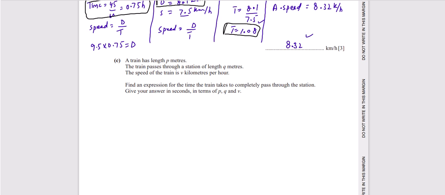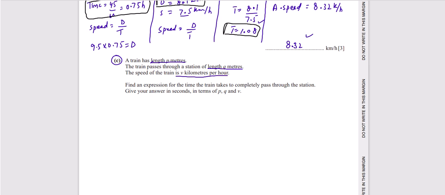Part C. A train has a length of p meter. The train passes through a station of length q meter. The speed of the train is v kilometer per hour. Find an expression for the time the train takes to completely pass through the station.